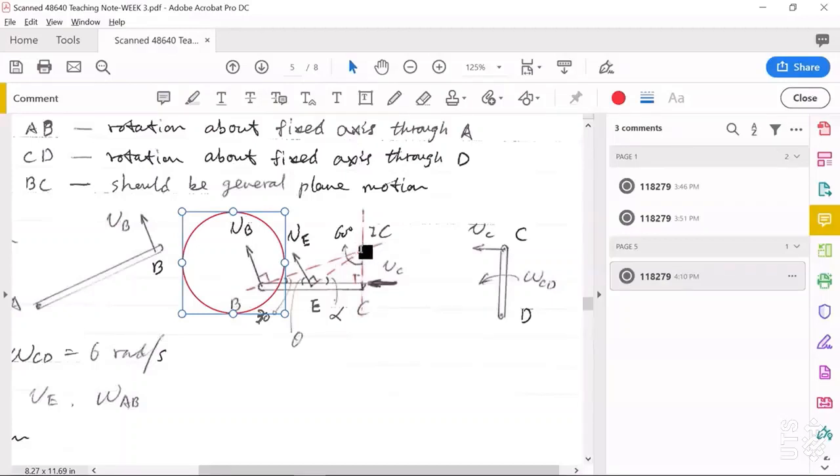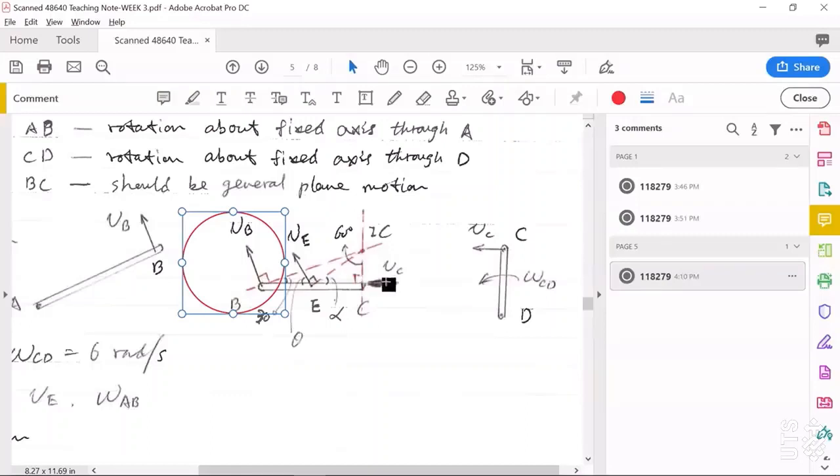This is the intersection point. Now for point E, we connect IC and point E. The velocity at point E, VE, must be perpendicular to this line connecting E and IC.